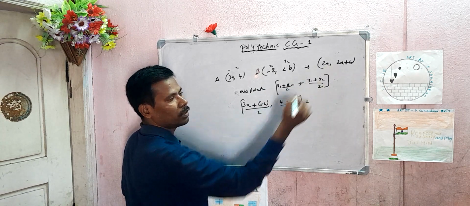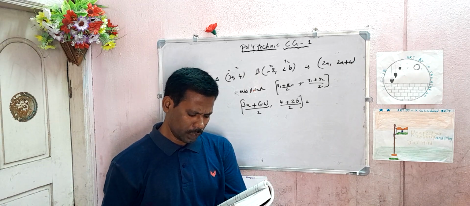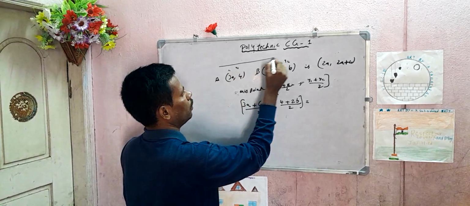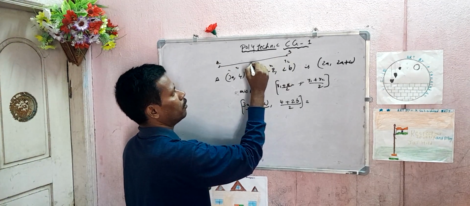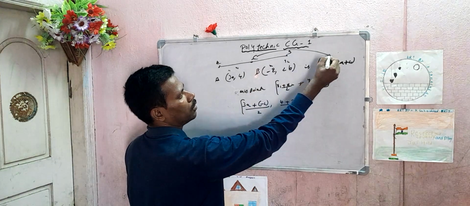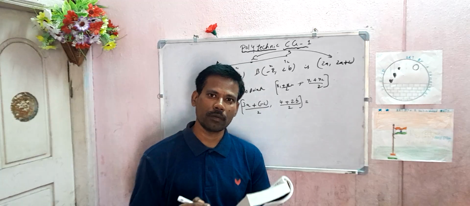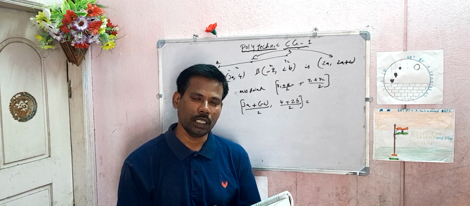But what is the given midpoint? The midpoint of the line joining. Just draw a rough diagram. This one is A, this is B. Midpoint means this one, C. That C is given as this one. Always remember, when you are doing coordinate geometry, the graph sheet should be in your mind.